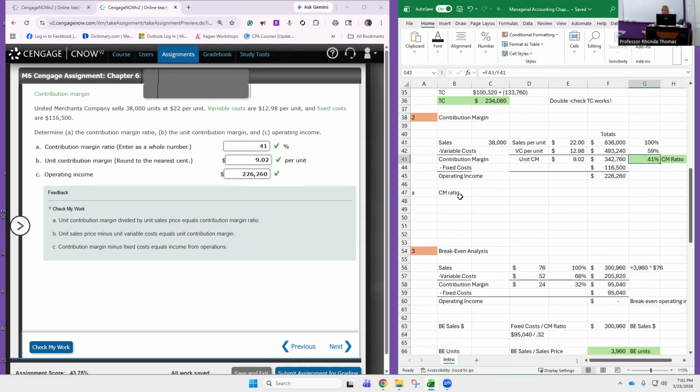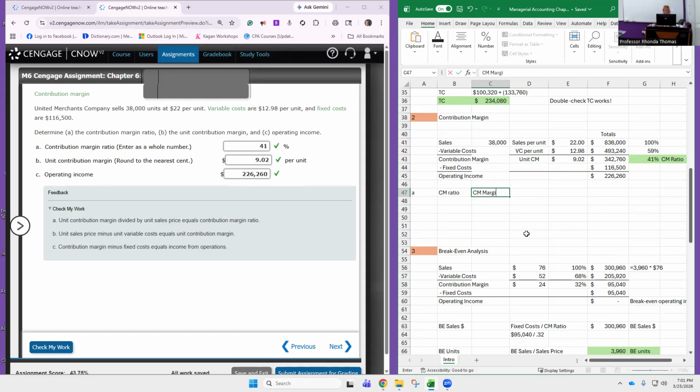So contribution margin ratio is contribution margin dollars, not units, but total contribution margin.